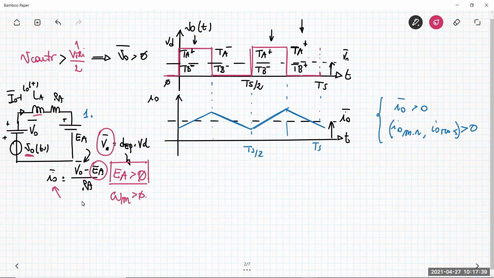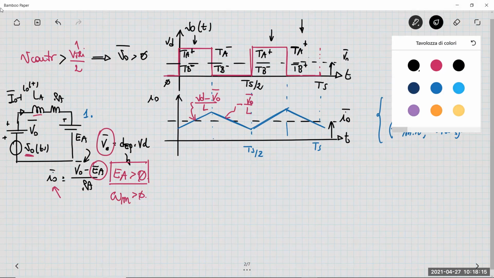So here the slope is given by VD minus V0 average value divided by L, and here the slope is negative V0 average value over L. So nothing new, the same reasoning that we previously did for the two-quadrant exercise now happens here.